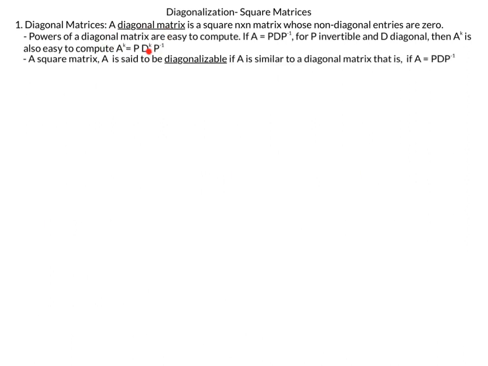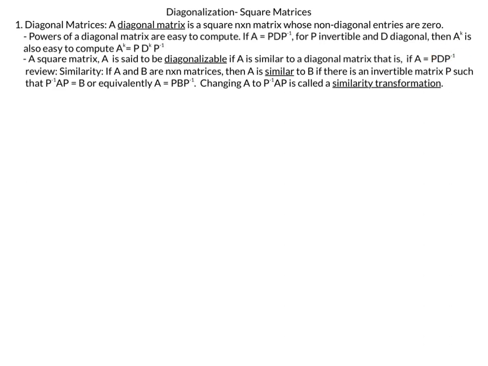First, I wrote the formula for A raised to the K that we found, which is P D to the K P inverse. And next, I want to look in particular, if A is not a diagonal matrix, when is it easy to calculate A to the K? It's easy when you can write A in this form, P times a diagonal matrix times P inverse.